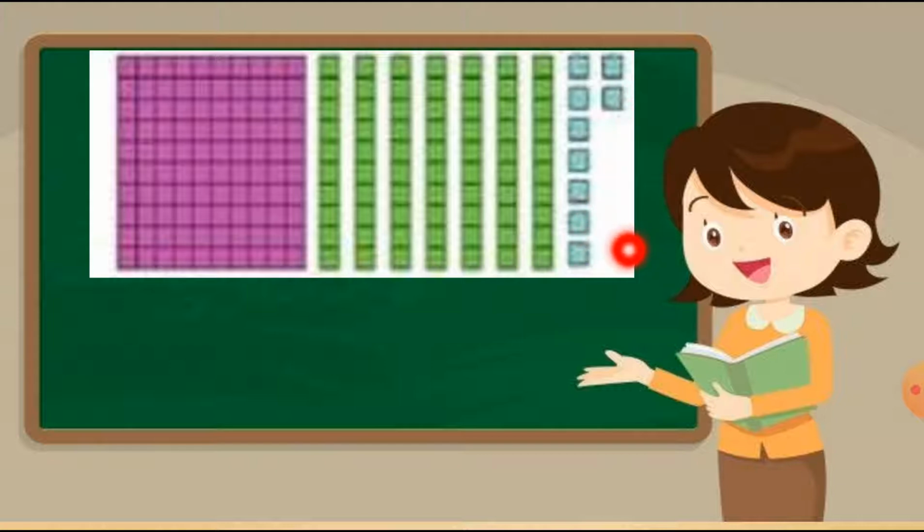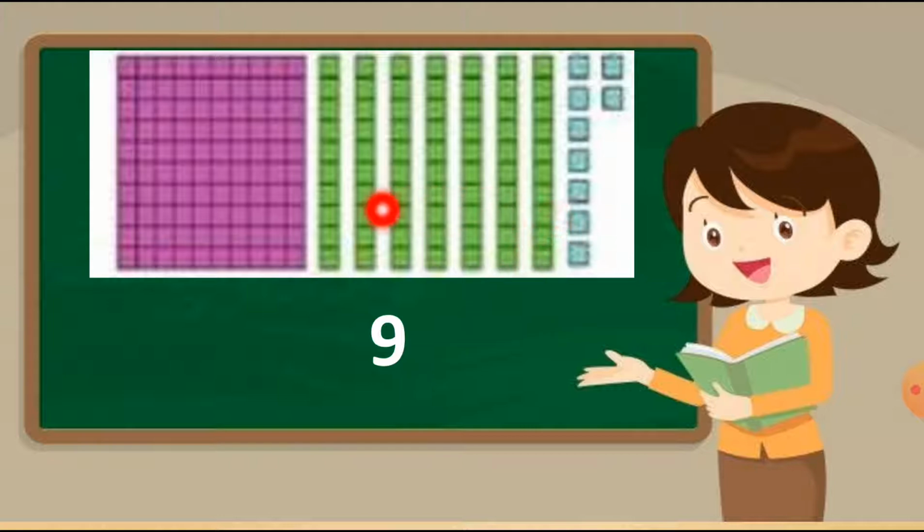How many boxes are there? 1, 2, 3, 4, 5, 6, 7, 8 and 9. Students, at the ones value, number 9 will come. So I write number 9 here. These green boxes are 9, so I put 9 in the ones value.